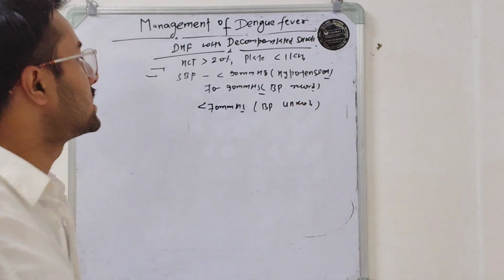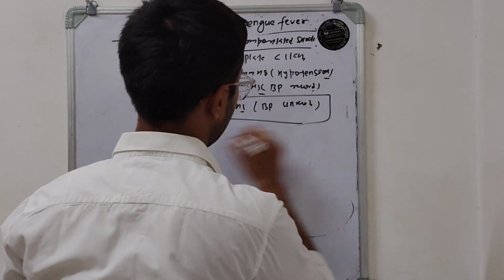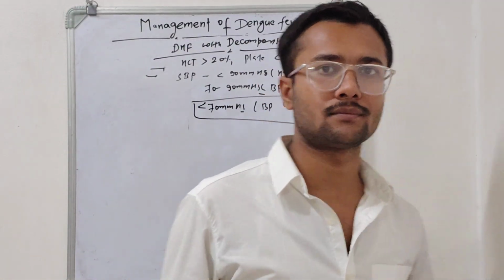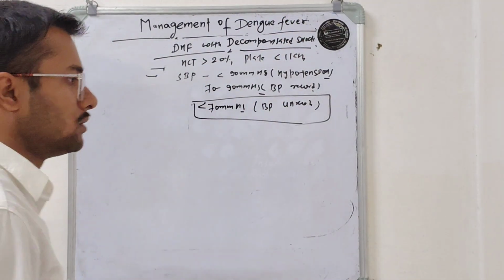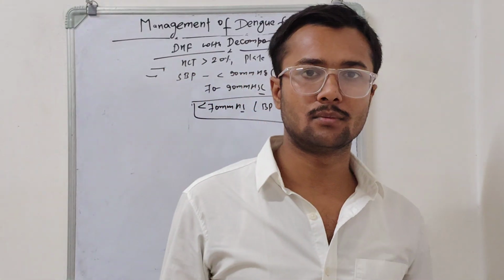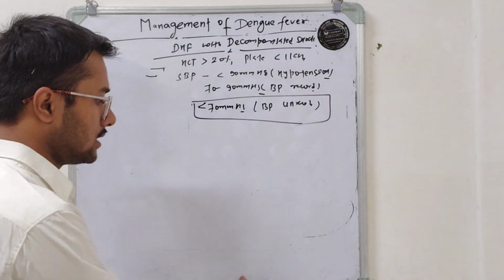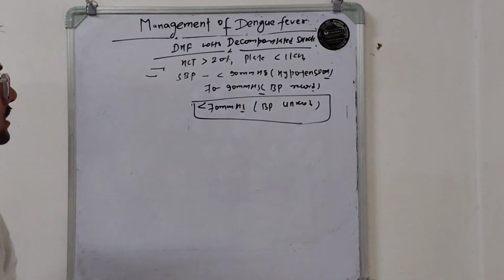So this is the more severe condition. In that condition, some hospitals go for artificial circulatory support, and if they have no artificial circulatory support, then they go for inotropes. These are things I will discuss, wait for some minutes.